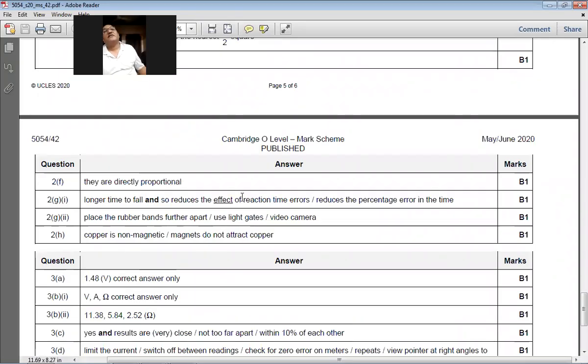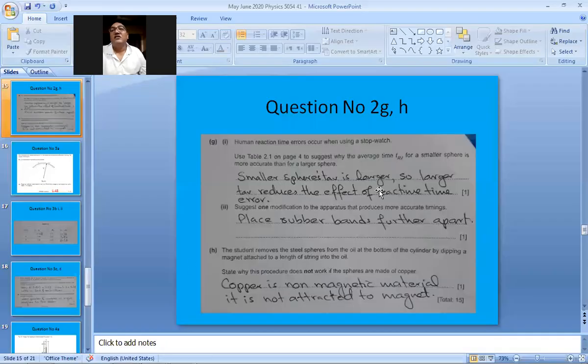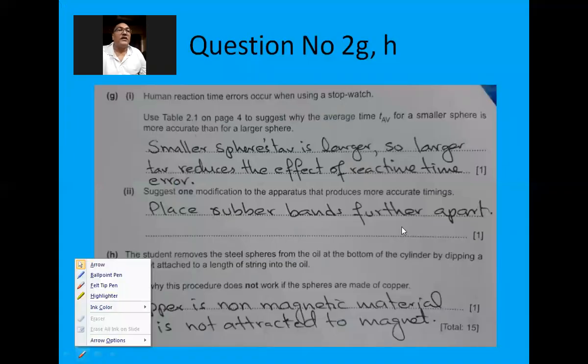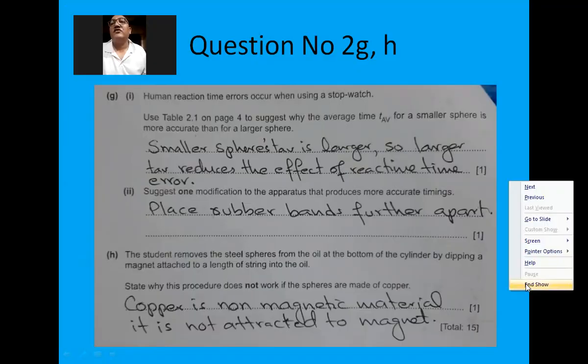Reaction time error. Yes. The word is reaction time error. I used the word reactive time error. That's wrong. This word here, let me correct it. Here we have to use the word reaction. I just want to correct this.